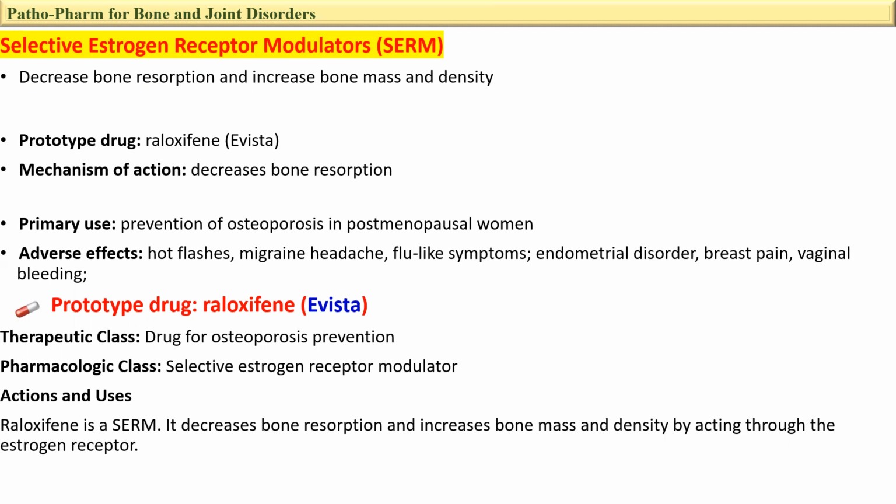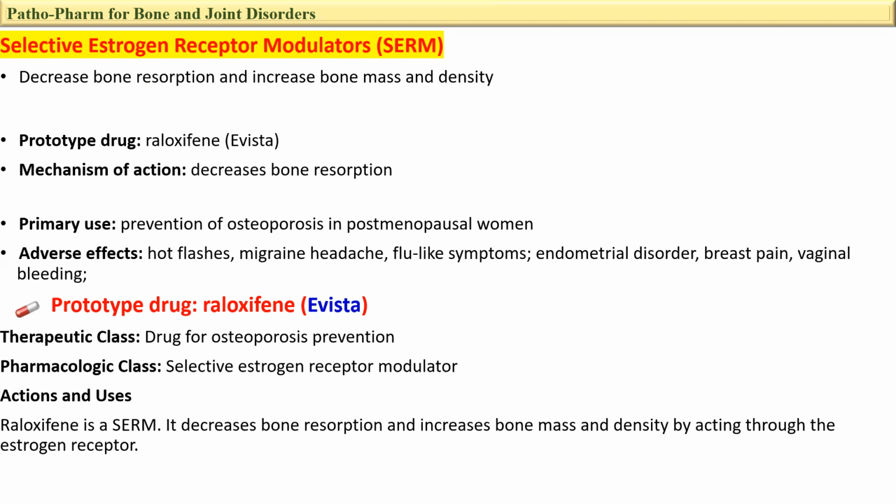So the adverse effects: hot flashes, migraine, headache, flu-like symptoms, endometrial disorders, breast pain, vaginal bleeding, and it may cause fetal harm when administered to pregnant women. So this drug is from the SERM group.